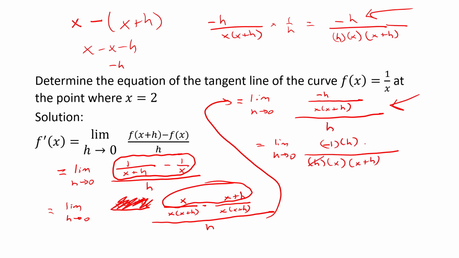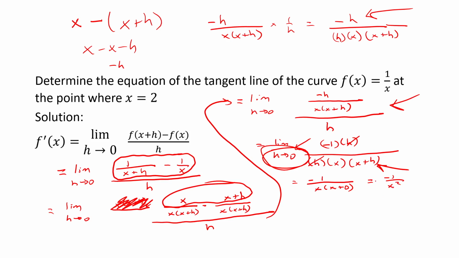I can now cancel out these h's, and I can plug in an h value of 0. And so I get negative 1 over x times x plus 0, and that's the same as saying negative 1 over x squared.